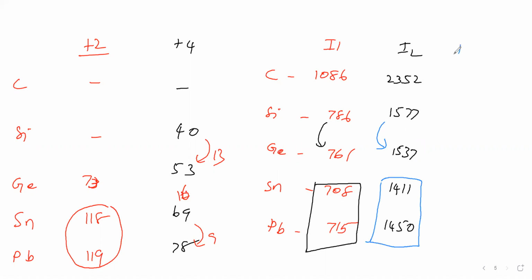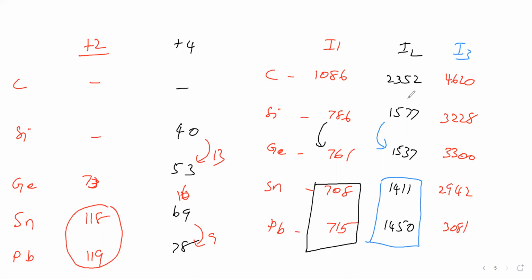Okay. Next, we will take third ionization enthalpy. Third ionization enthalpy for carbon is 4620 kilojoule per mole. For silicon 3228. For germanium 3300. For tin 2942. For lead 3081.